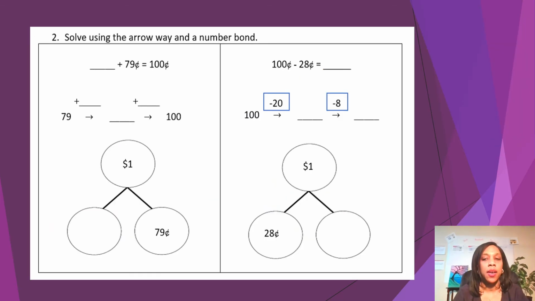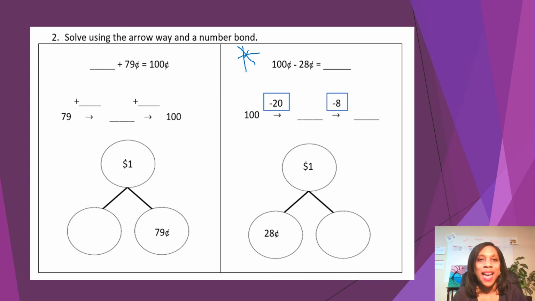All right, so now I'm looking at the next set of problems. We're going to solve using the arrow way and a number bond. Okay, so I'm going to start with this one here that we're going to do together. So we're going to do 100 minus 28 equals what.